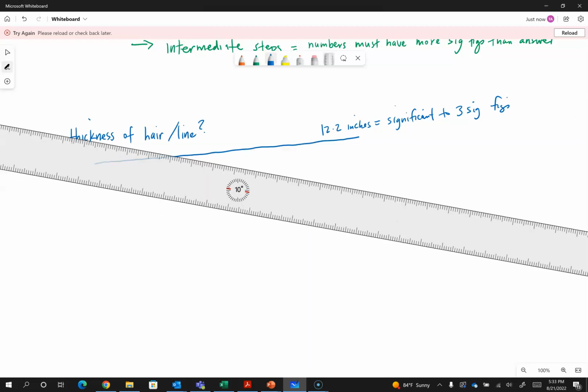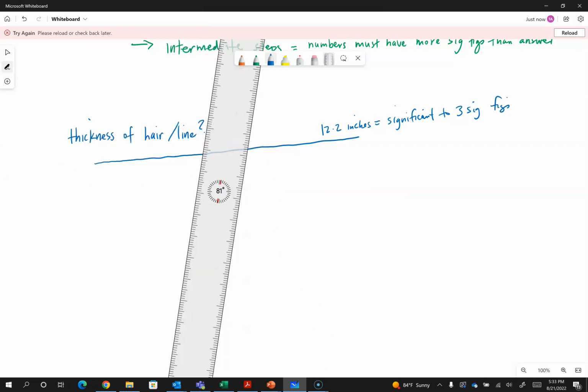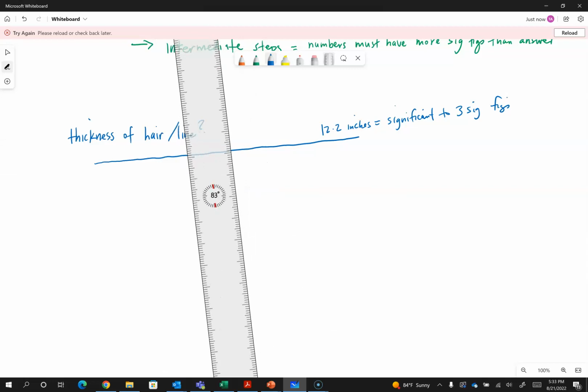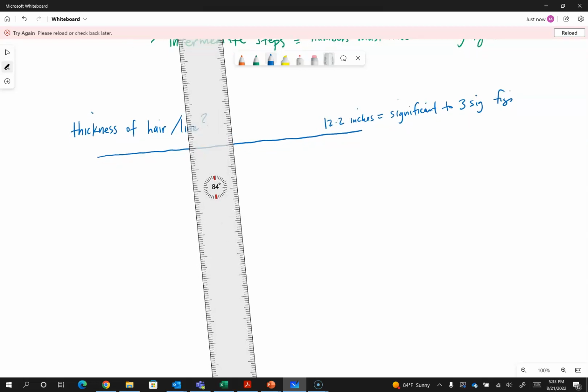Well, I can certainly rotate the ruler and line it up, but it looks to be just barely bigger than the line on the ruler, which I don't know how big the line itself is. It's certainly a lot smaller than a millimeter, but my ruler is not able to measure this.